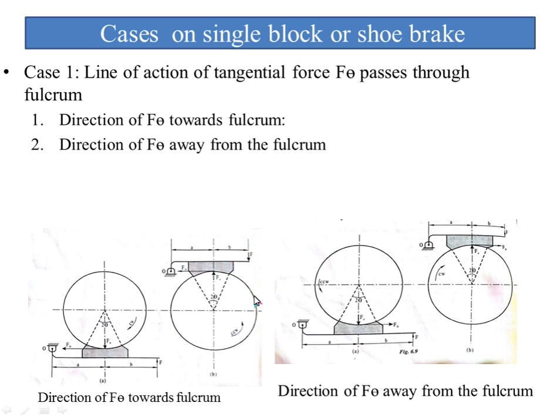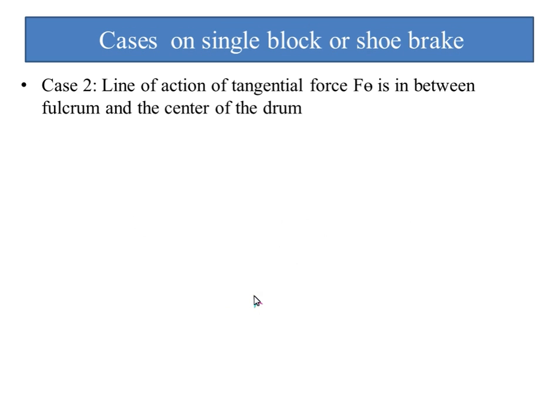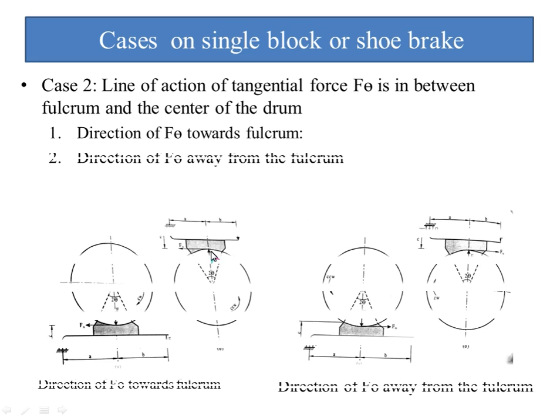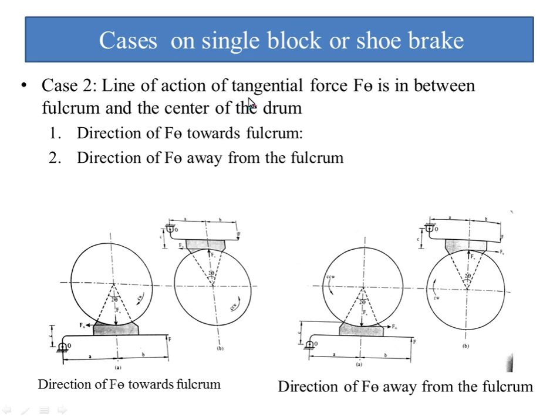So this is the first case. Similarly in the second case we discussed where the force is in between the fulcrum and the drum. You can see here the tangential force exerted will be in between the fulcrum and the drum.